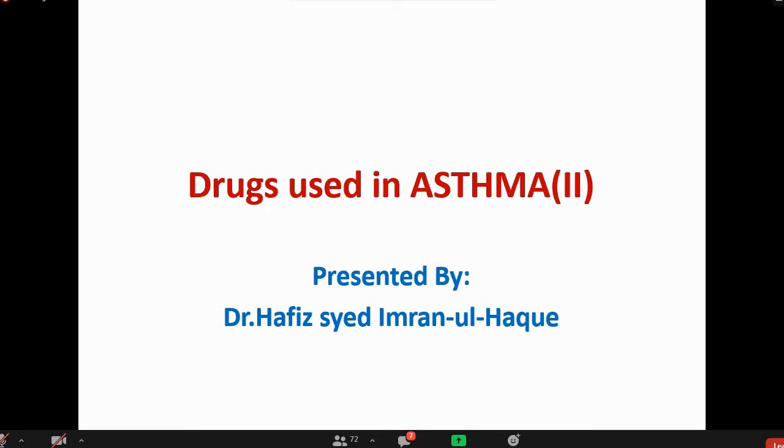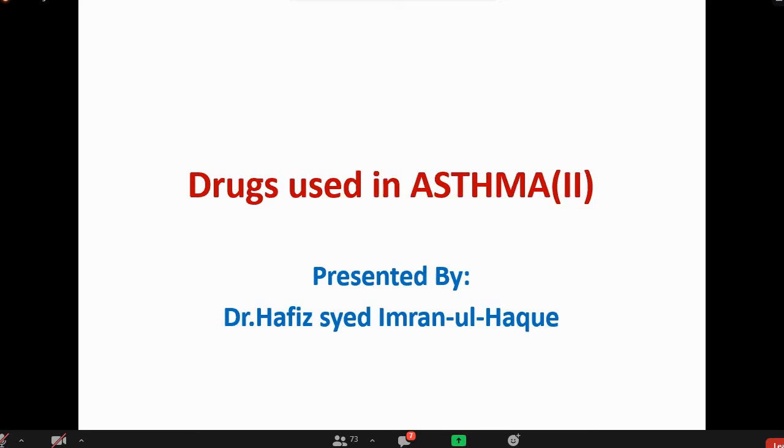Methylxanthine, there are certain specific conditions, right? Apnea in preterm baby, so we can stimulate the diaphragm. So there are some specific conditions in which we can use the methylxanthine group like theophylline in emergency situation, right? Otherwise, these two major groups we use.